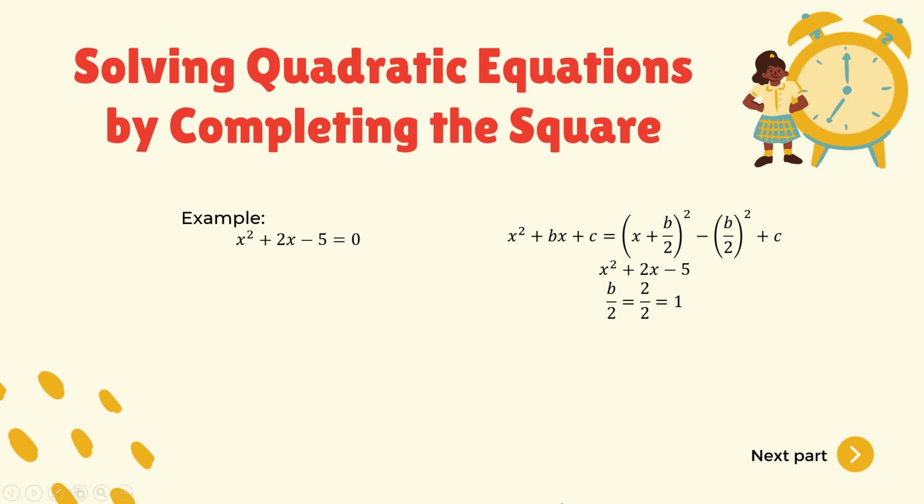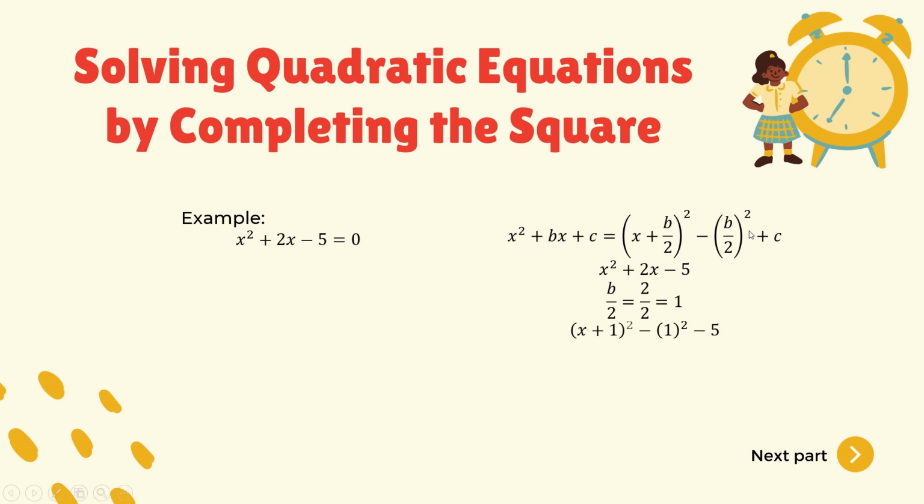So x squared plus 2x minus 5 means the coefficient of the x term is 2. So b over 2 equals 2 over 2, which is 1. So after we found that b over 2 equals 1, just put the 1 into the formula.